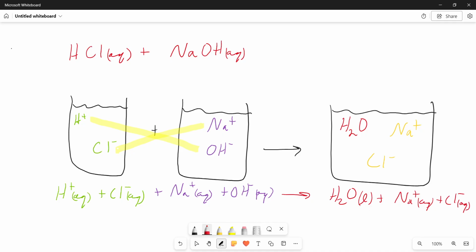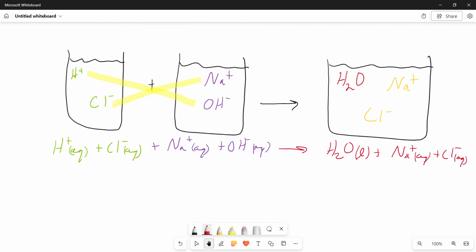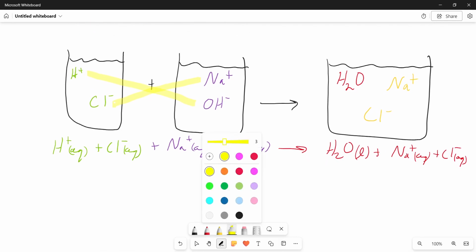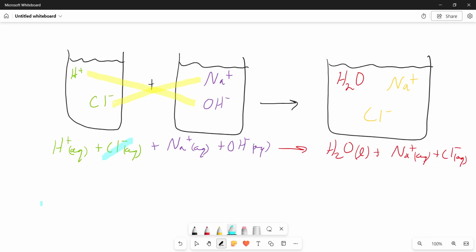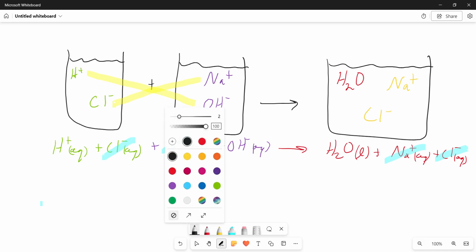All right, and now all we have to do is go through and cross out our spectator ions. Let's use a highlighter for that. So our spectator ions here are Cl- and Na+. And if we write down everything that's left, that's going to be our net ionic equation, obviously.